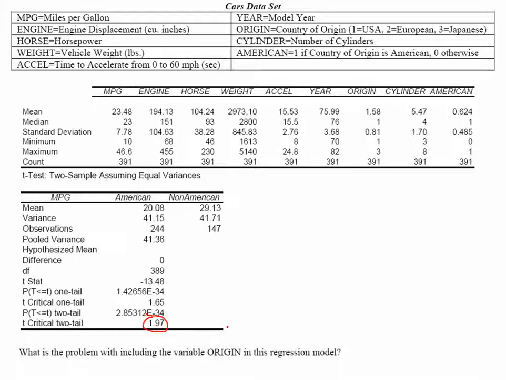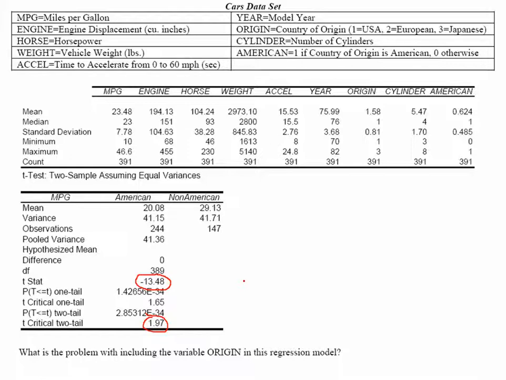It's close, but it's statistically significant. Oh, excuse me, it's not close. T-stat is negative 13.48. The absolute value of that is much greater than 1.97.